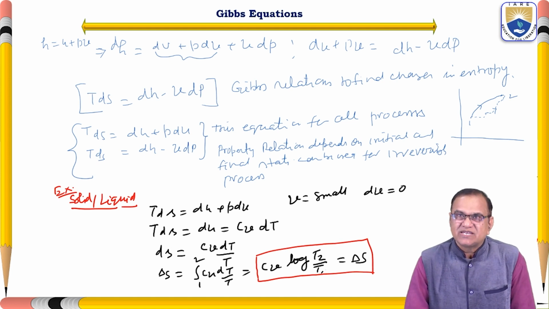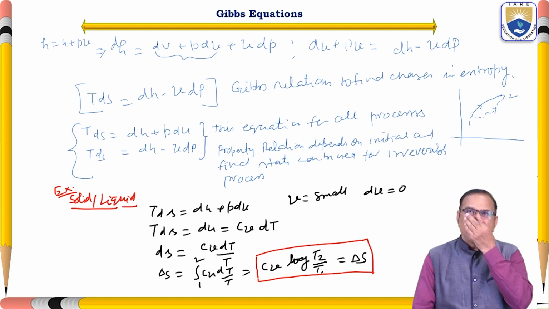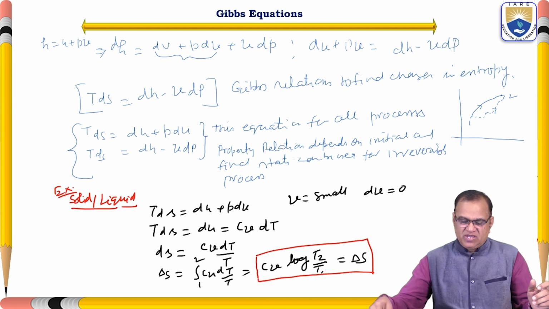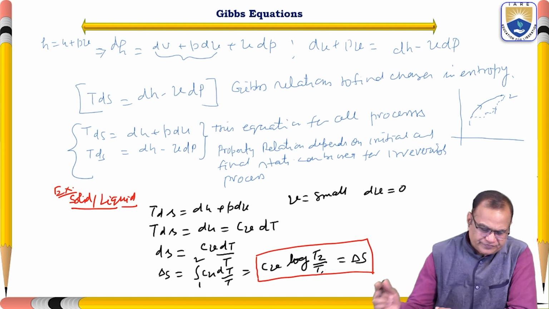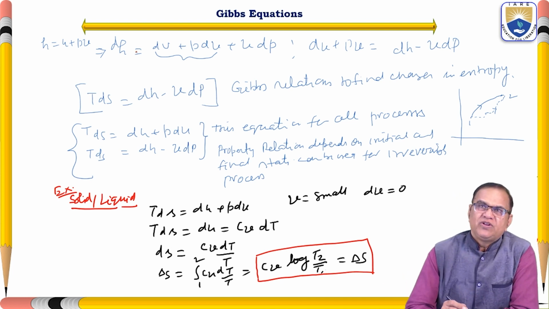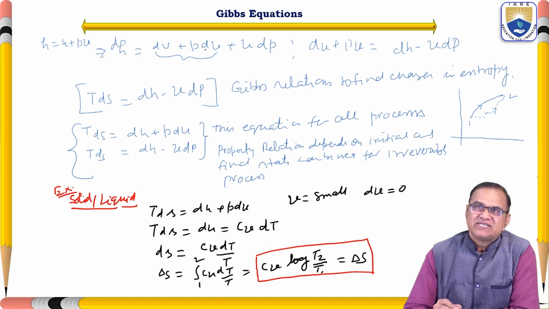Now we will discuss Gibbs law, how it works, and we will get some relations and the derivation of the equations. We know that H is equal to U plus PV. So dH is equal to dU plus PdV plus VdP.